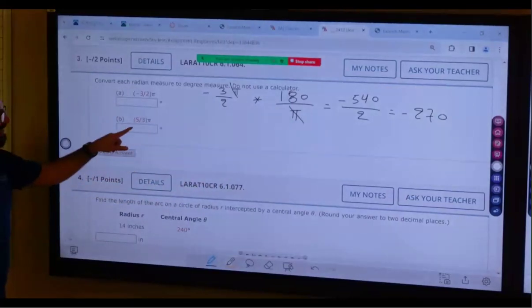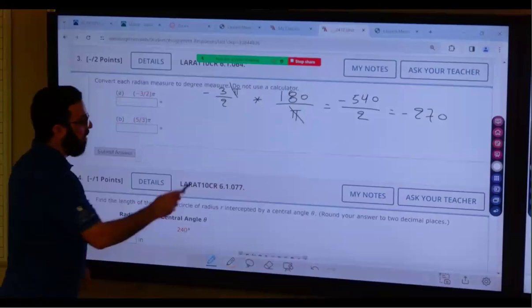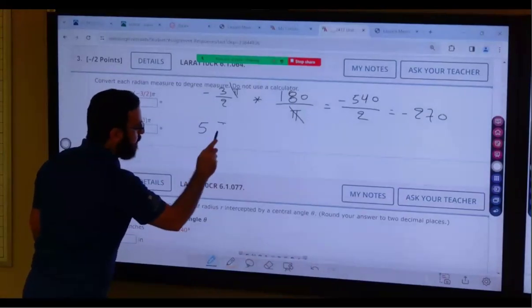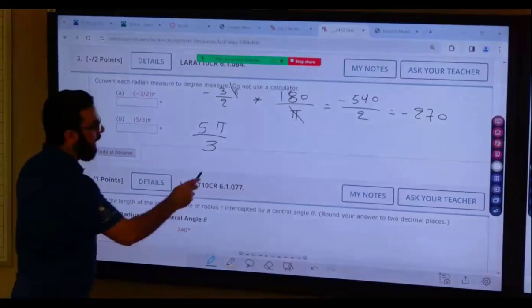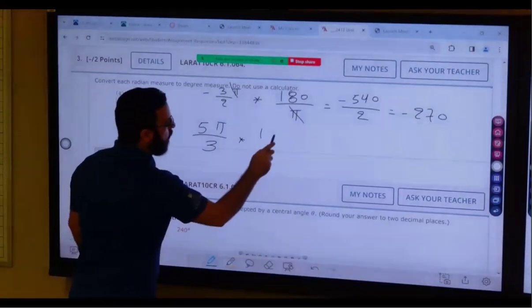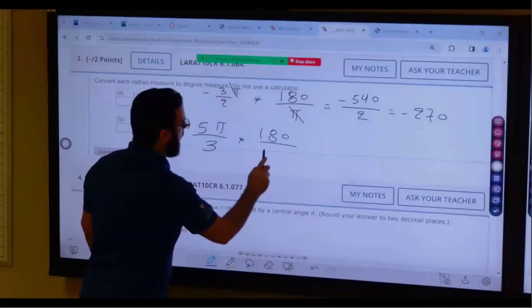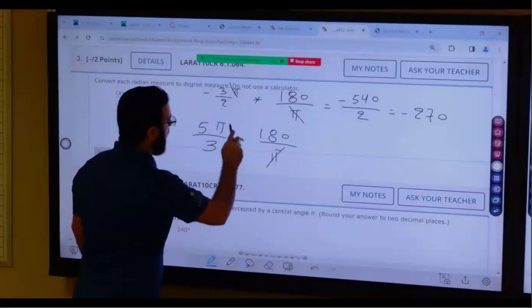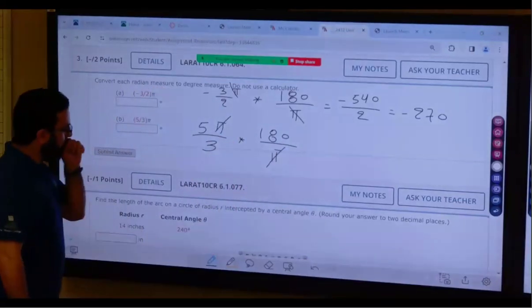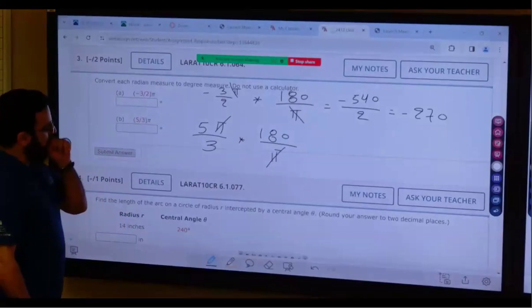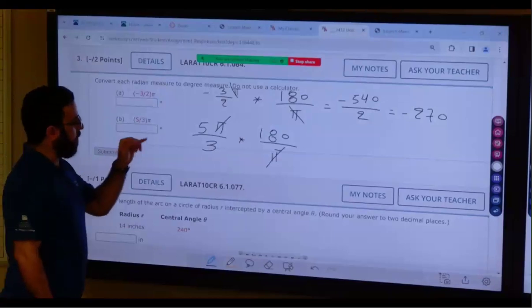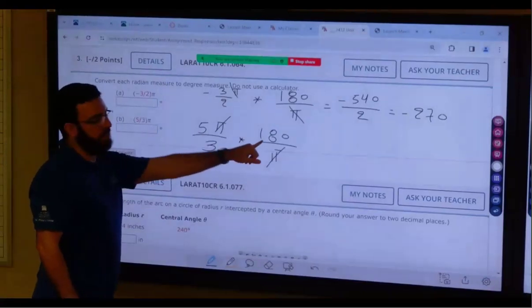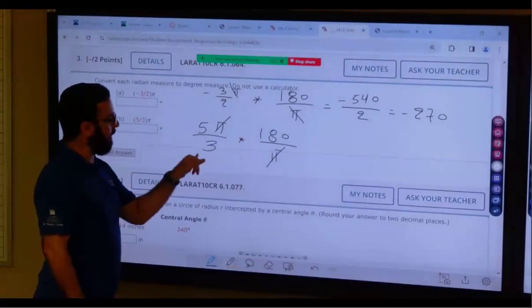What about the next one? 5 pi over 3. So I'm going to multiply by 180 divided by pi, and cancel the pi from here and here. Now we multiply 5 times 180 and divide by 3.